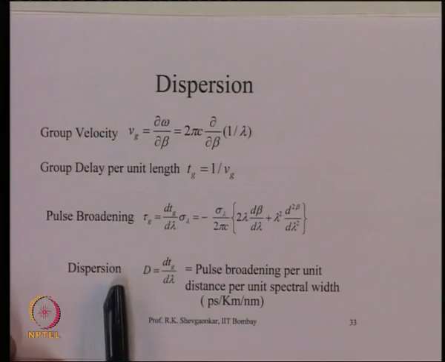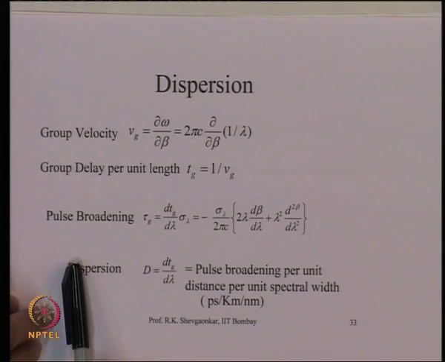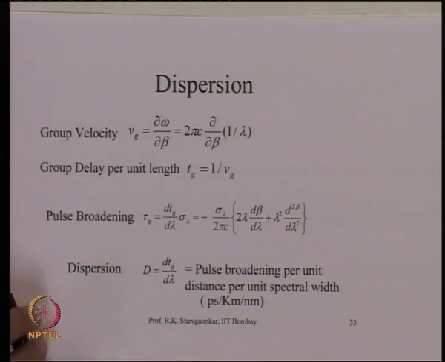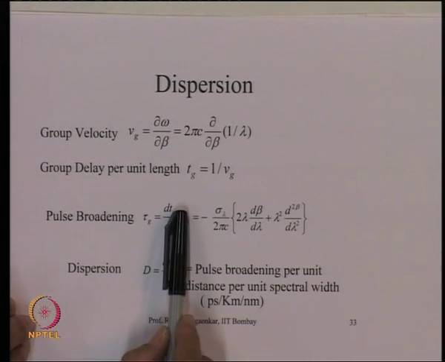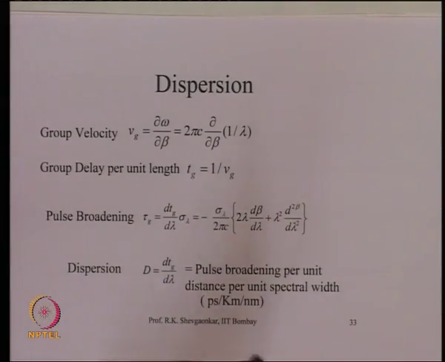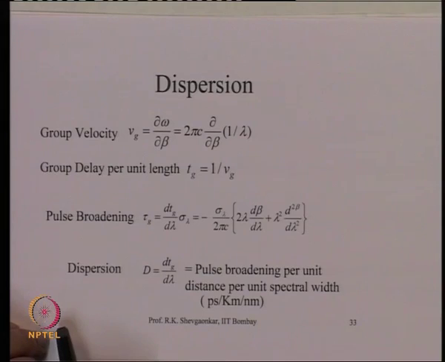and then we can write down the pulse broadening, which is dTg by d lambda. So, we are saying what is the difference in the delay, group delay per unit length over 1 unit spectral width. That quantity will be dTg by d lambda.